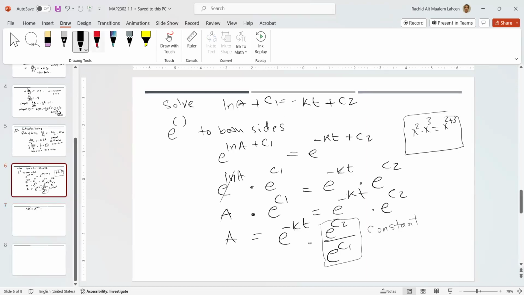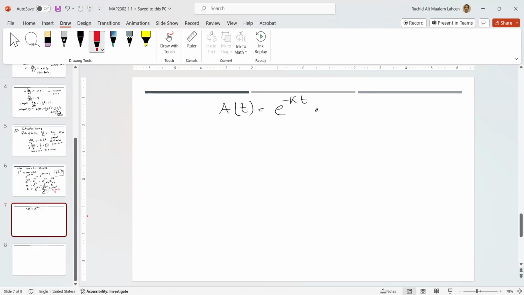Of course, if you want to do one more step, you can do e to c2 minus c1. That's a constant, so we can replace this with just another c, another constant, right? Of course, c now has to do with c1 and c2, but they're all constants.